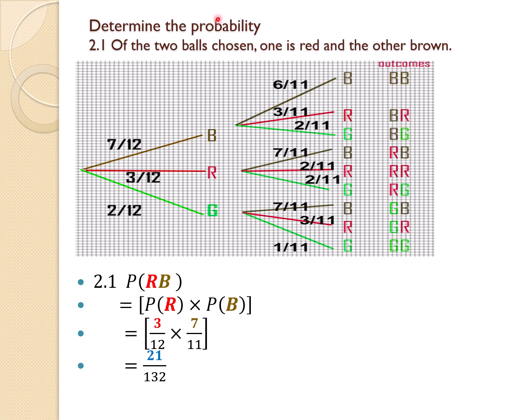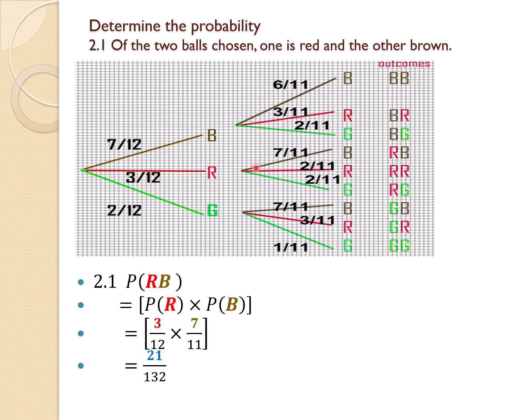Determine the probability that of the 2 balls chosen, one is red and the other one is brown. So I'm selecting red and brown. It should be probability of red times probability of brown, which is 3 over 12 times 7 over 11. Please note, if you forgot it's dependent and the ball is not placed back, you're going to write 7 over 12 there, so this whole sum would be wrong.